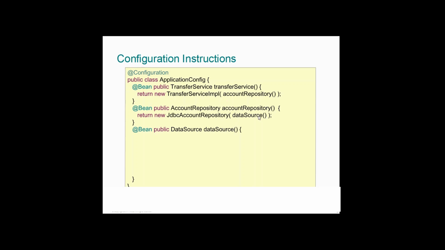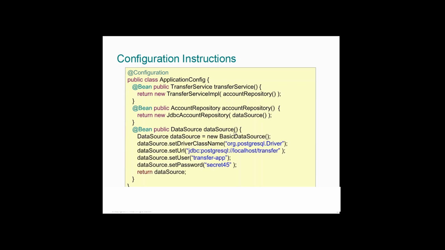So the data source itself doesn't have any dependencies. It just has some configuration to be added, like what is my driver name, what is the URL, what is the username and password, things like that. If you provide that information, you will be able to create the data source. The data source method will create this data source object with all these dependencies, the configuration details.